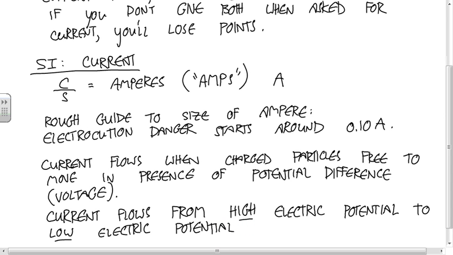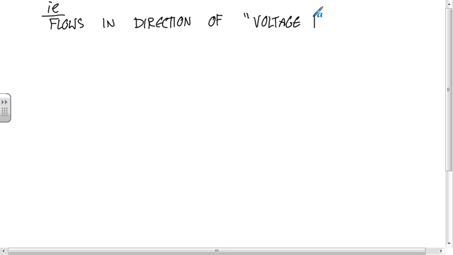In other words, it flows in the direction of a voltage drop. Okay, so a voltage drop just means that in that direction, you have a lower potential on this side and a higher potential on this side.